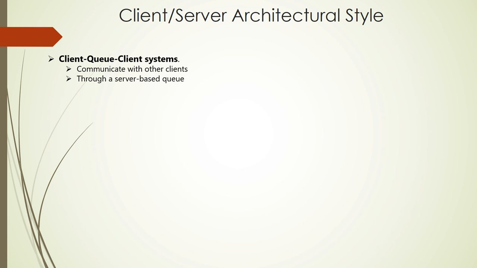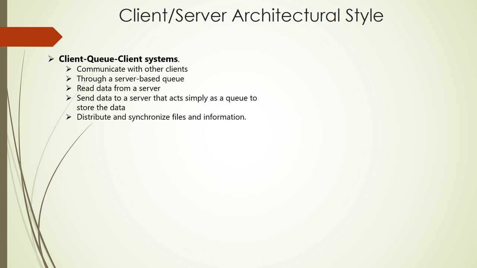Clients can reach and read data from and send data to a server that acts simply as a queue to store the data. This allows clients to distribute and synchronize files and information. This is sometimes known as a passive queue architecture.